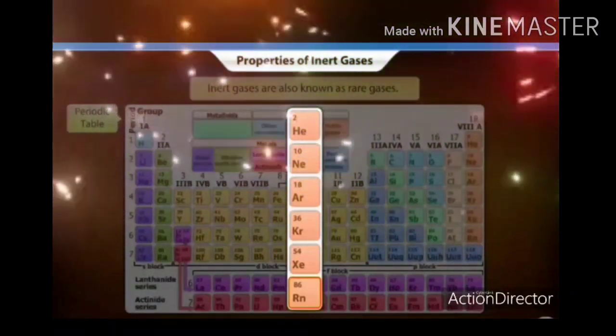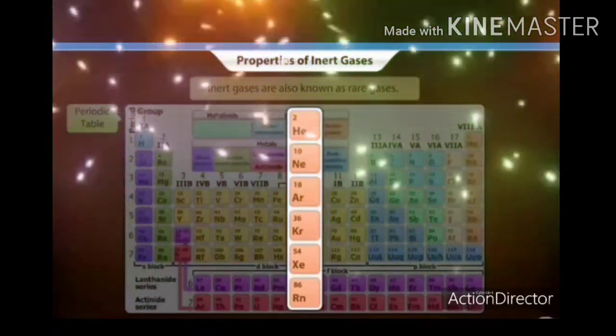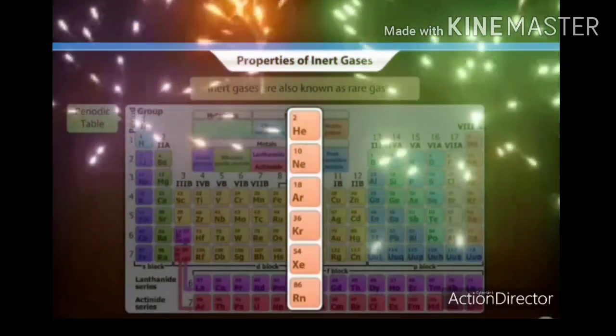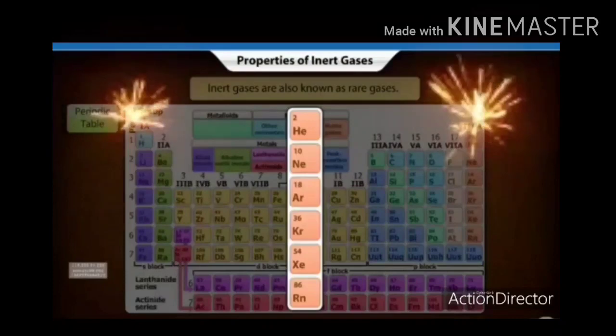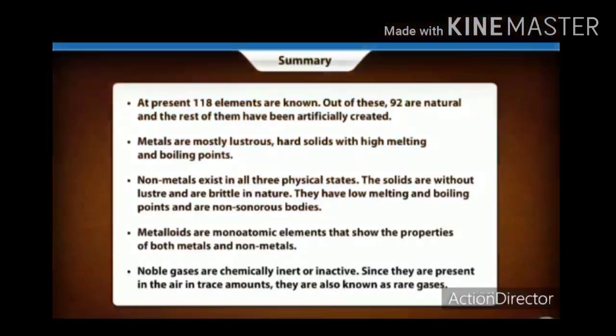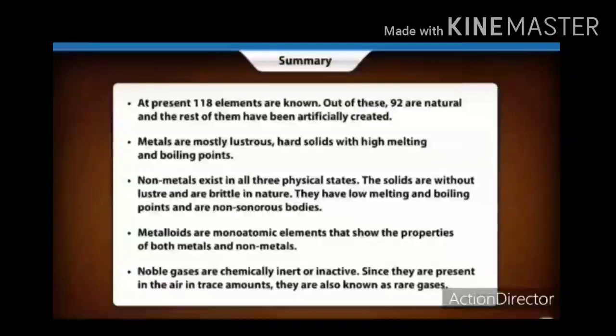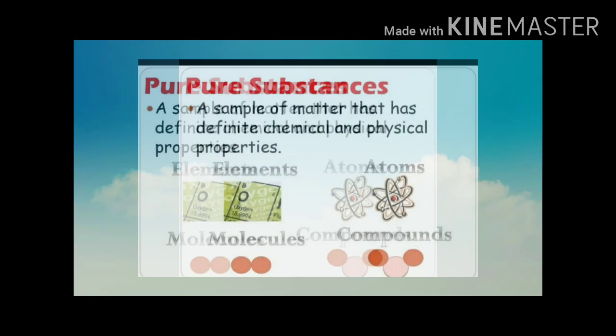Helium, neon, argon, krypton, xenon, radon are the noble gases, amongst which radon is radioactive, and helium is the second lightest element known. So we summarize the 118 elements as metals, non-metals, metalloids and noble gases, which are also known as rare gases since they are present in air in trace amounts.